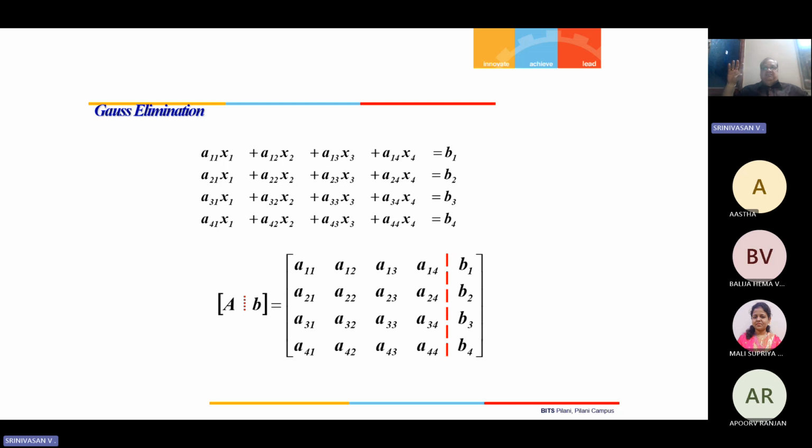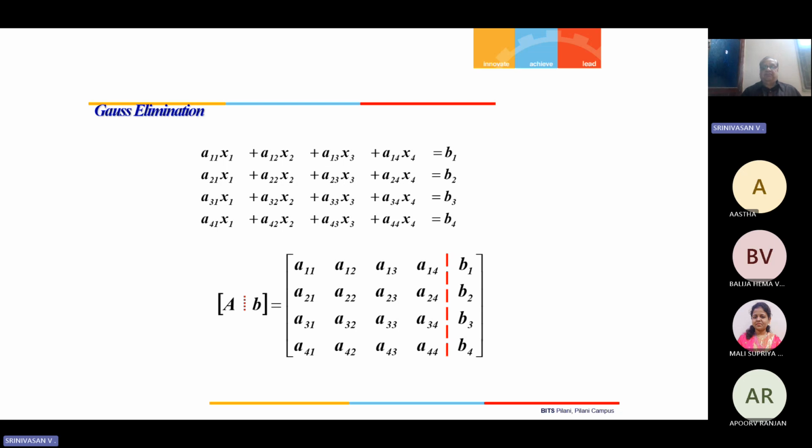This system of non-homogeneous linear equations can be written as a vector equation, of course with matrix multiplication on the left-hand side. That is, you have AX equal to B. So we now write only the augmented matrix.